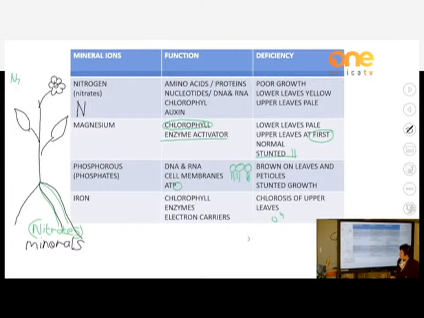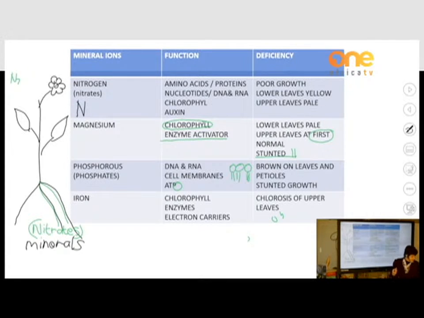DNA, RNA, cell membranes, and ATP. And brown on the leaves, especially in your book, we see it's discoloring your leaves. Your leaves get brownish, purplish, depending on which species of plants the deficiency is occurring in. The leaves will discolor and it will have small leaves.